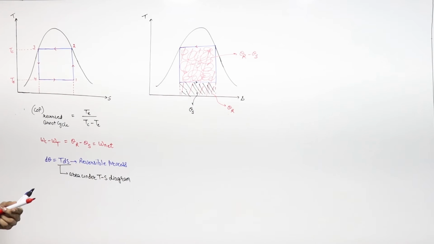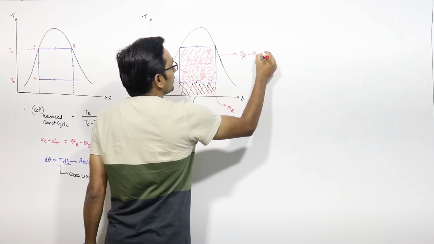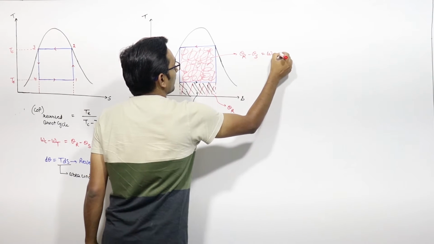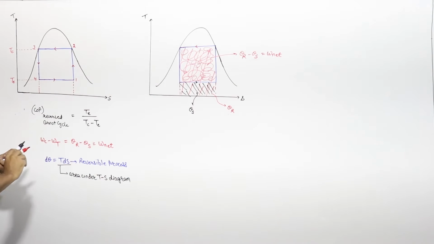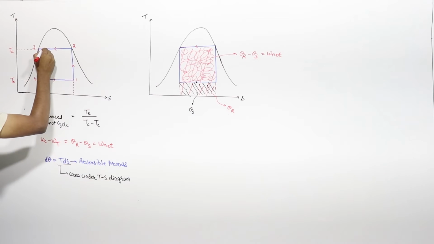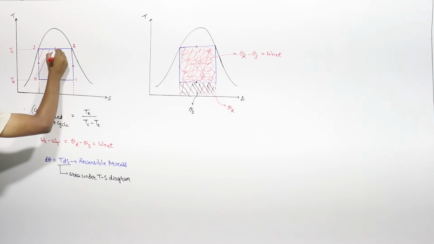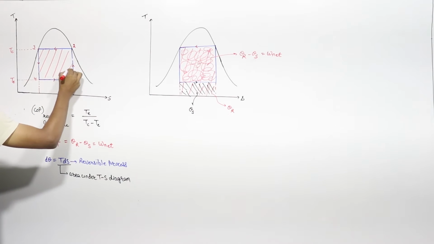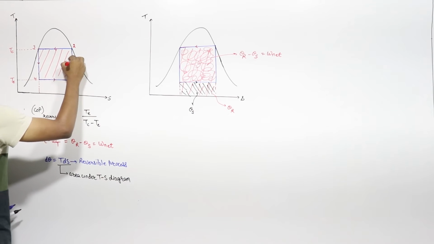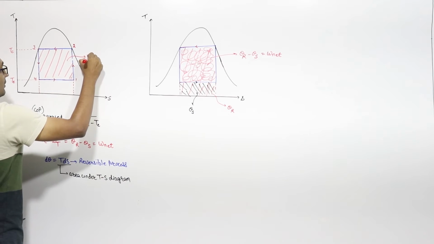And this is equal to net work done. So this shaded area enclosed by this curve is the net work.